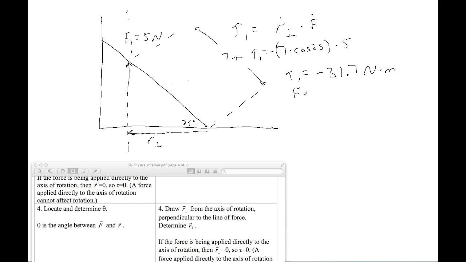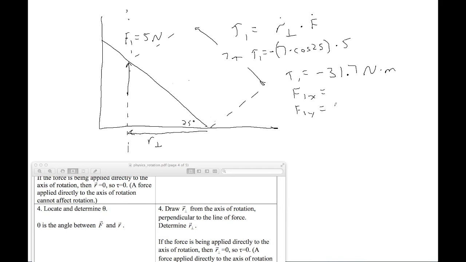And remember that in our force and torque table, we also have to do this. So what would we write down for the x component of this force? What would be the x component of force 1?